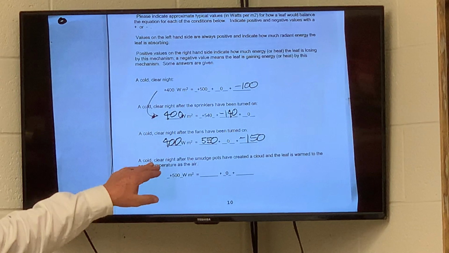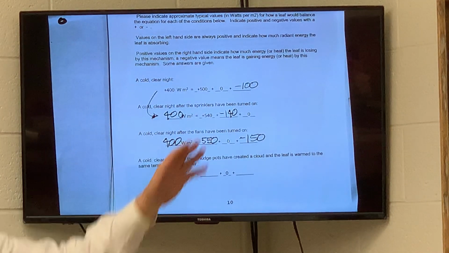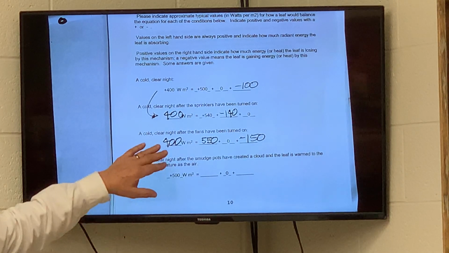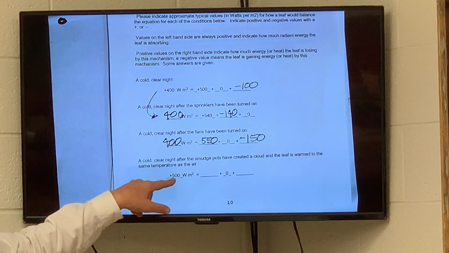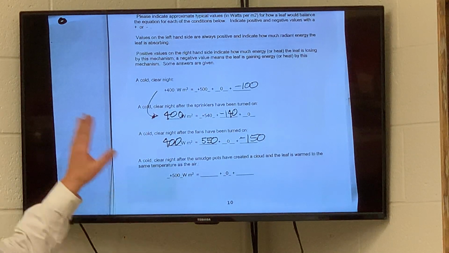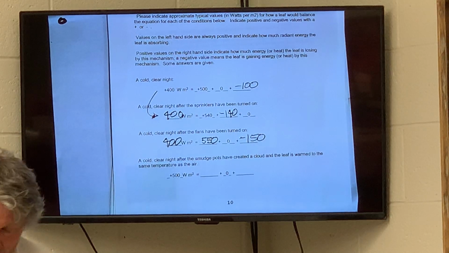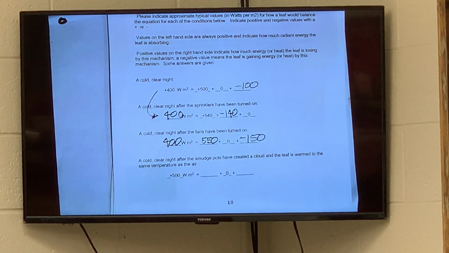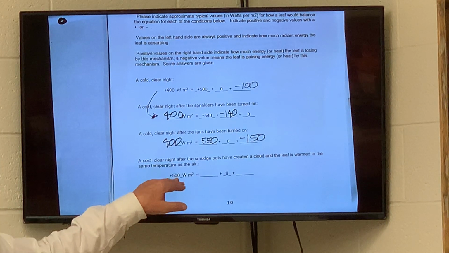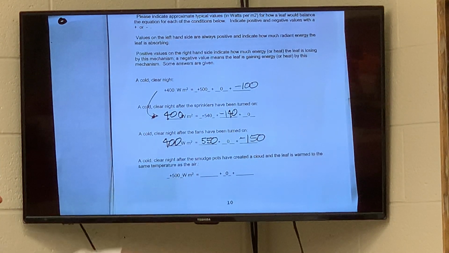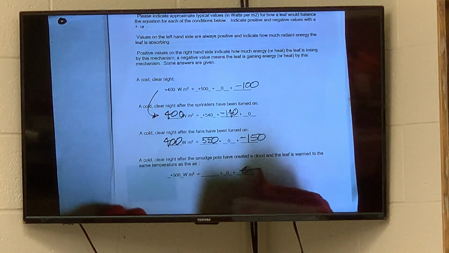And finally, same cold, clear night, but now these smudge pots have made a black cloud, and look, the radiation is warmer here because of the clouds coming in. Transpiration still 0. If the radiation has made the net radiation 500, the leaf could warm up to the air temperature.